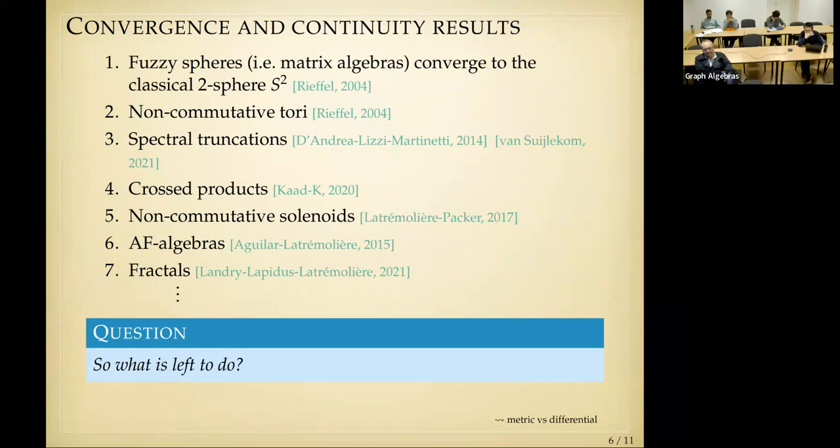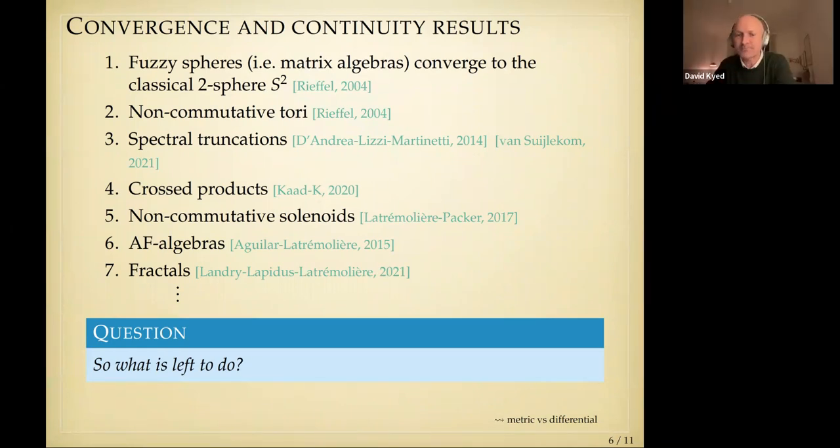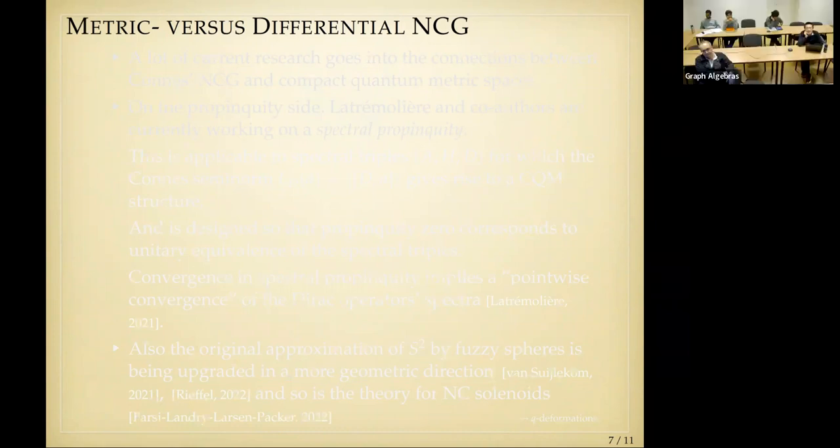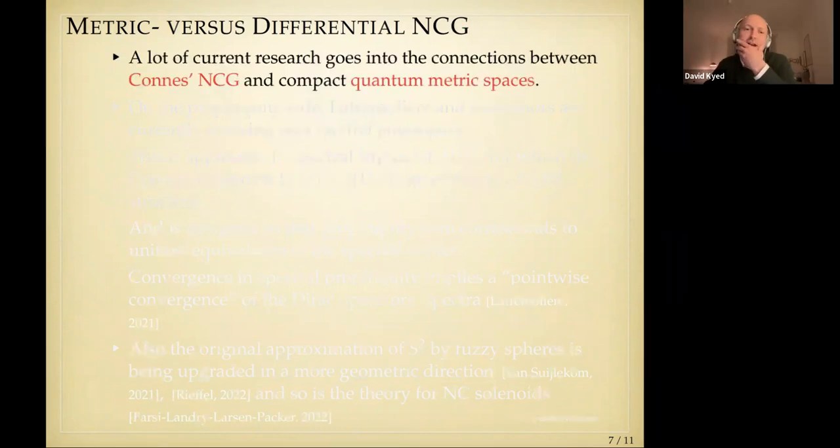So I'd like to zoom in on three overarching research directions that are trending right now. One of the things that is really going on in many different research groups is the connection between differential non-commutative geometry and metric non-commutative geometry. More precisely, getting a better connection between quantum metric spaces and spectral triples.